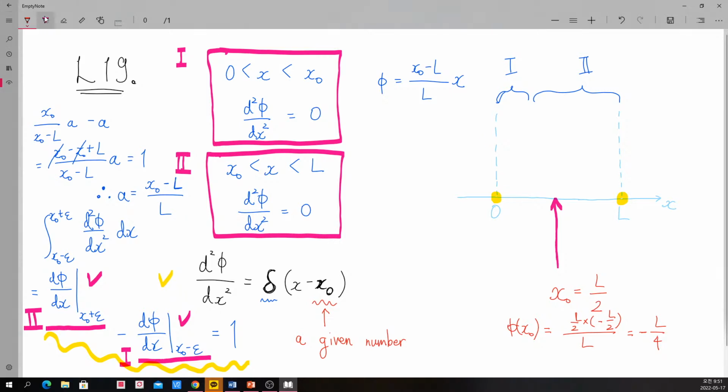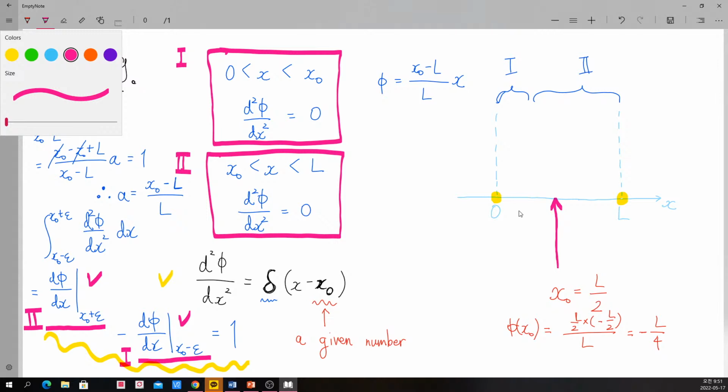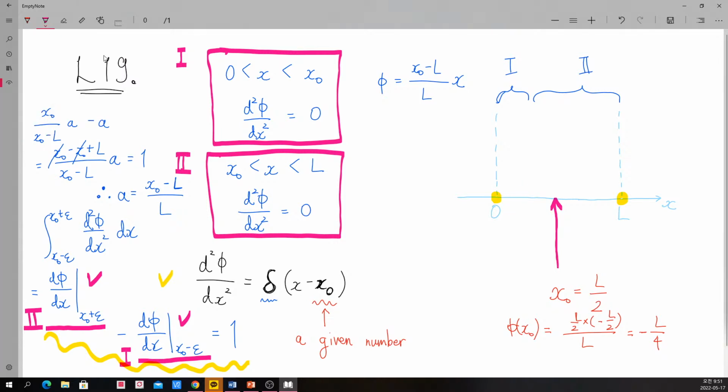So in this case, that will be the form. Okay, they are symmetric. But now think about another case. Instead of this highly symmetric point, let me introduce x naught equal to a tenth of L. Then let me evaluate the function at the point x naught.